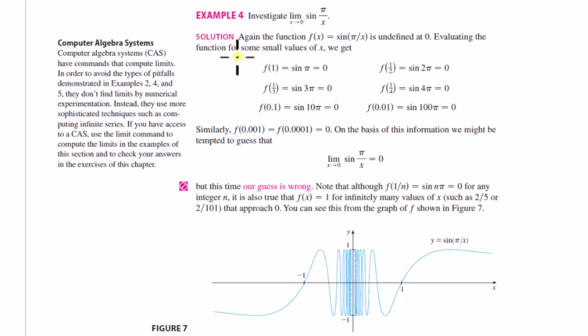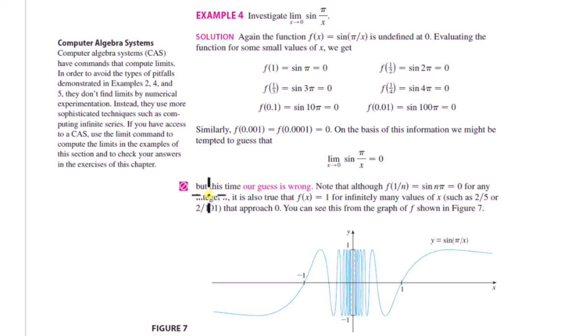Now, evaluating the function for some small values of x, they do f of 1, f of 1/2, f of 1/3, 1/4, 0.1, 0.01, and f of all of these values is equal to 0. And if they kept going, f of 0.001, we're also getting 0. So a guess would be that this limit is equal to 0.